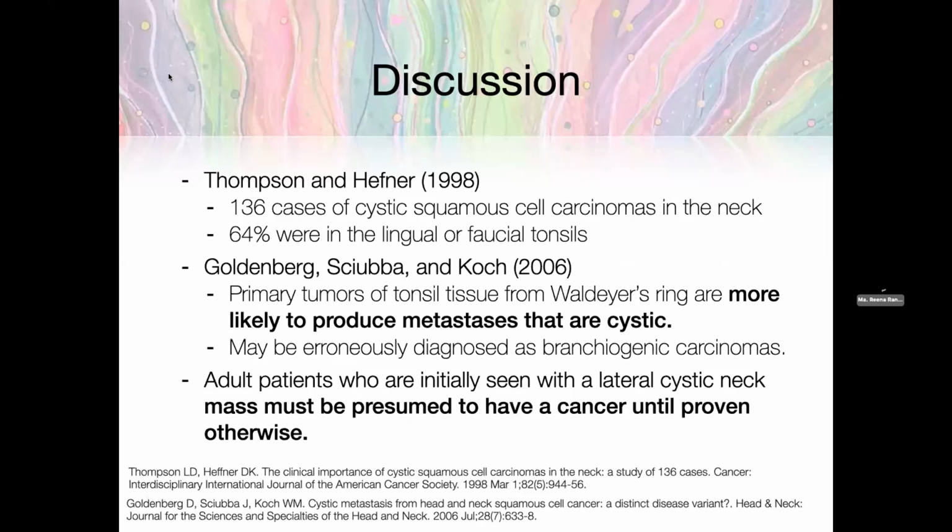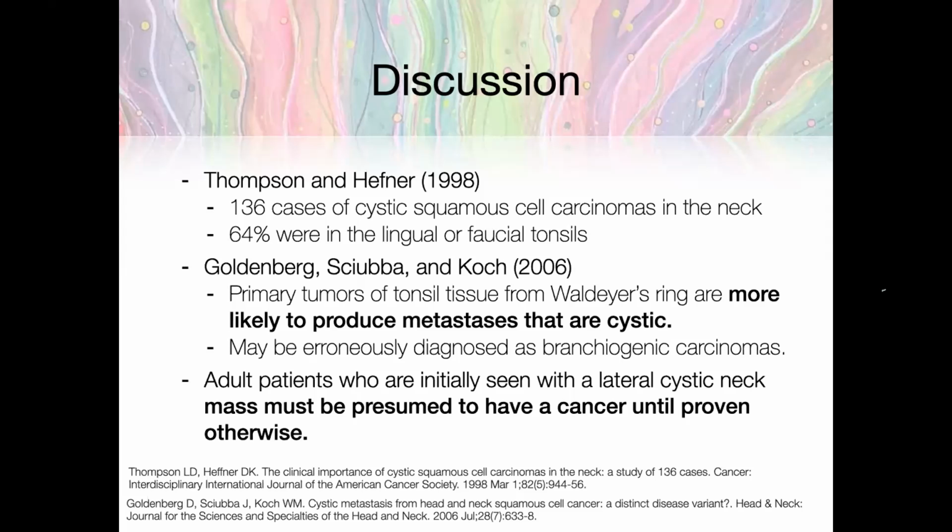In a study by Thompson and Hefner in 1998, they reviewed 136 cases of cystic squamous cell carcinomas in the neck. In cases where the primary sites were discovered, 64% of the primaries were in the lingual or faucial tonsil, and an additional 8% of cases were in the nasopharyngeal tonsillar tissues.